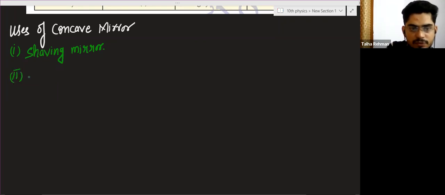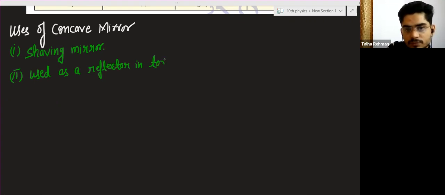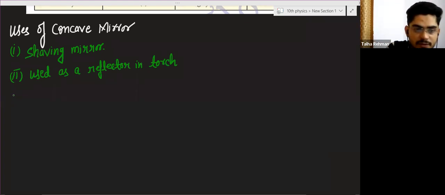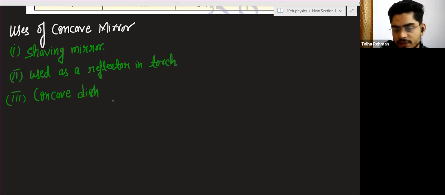Again, it is used as a reflector in a torch. The third point is concave dish antenna, like a TV dish antenna.